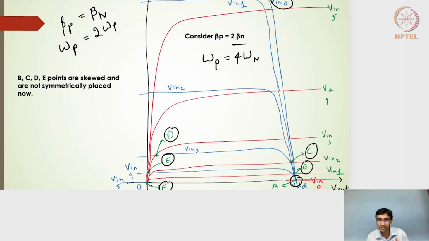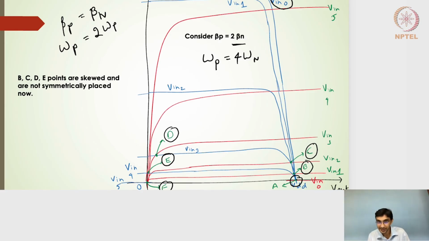So it is very, very similar to what we had seen for an unskewed inverter. But if you look into this closely, the points B and C for an unskewed inverter were symmetrically placed, a mirror image of those positions in the IV characteristics.